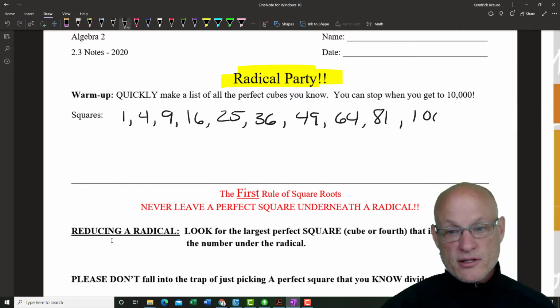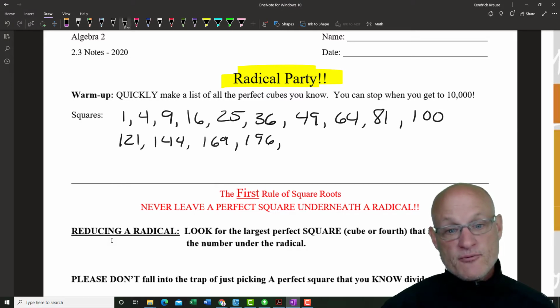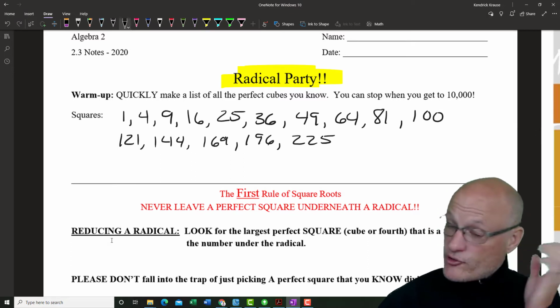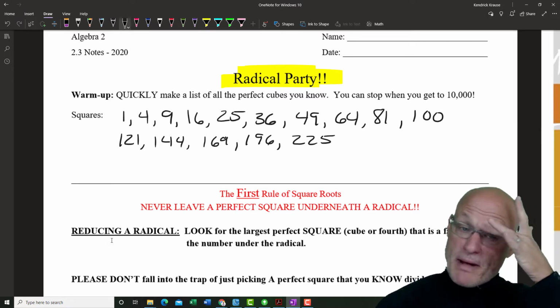And 10 squared is 100. Everybody knows those. 11 squared is 121. 12 squared is 144. 13 squared is 169. 14 squared is 196, and 15 squared is 225. I'll expect that you know all of those. You should just have those right there in the old memory bank.